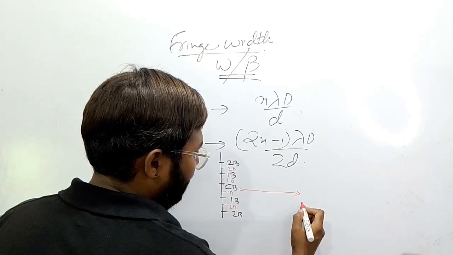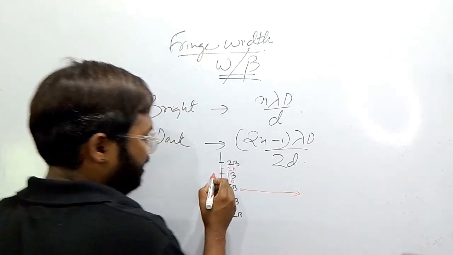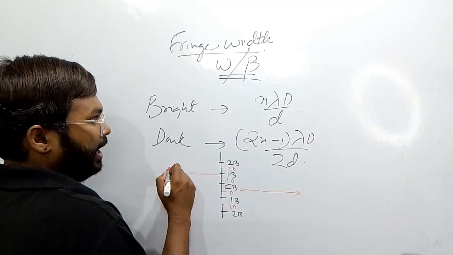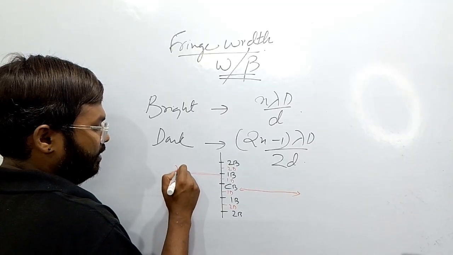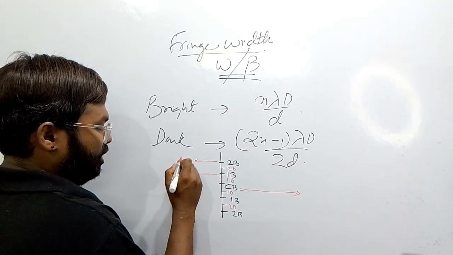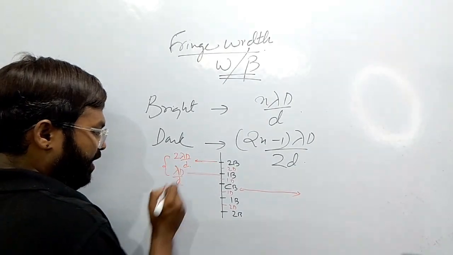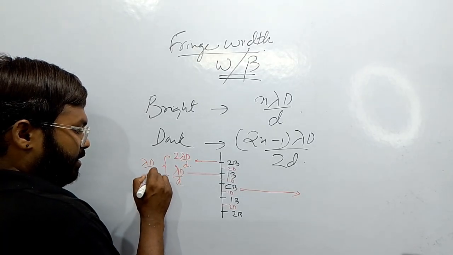This is the central one. First bright I was having lambda d by d, and second I was having 2 lambda d by d. What is the difference between these? This minus this, you'll have lambda d by d.